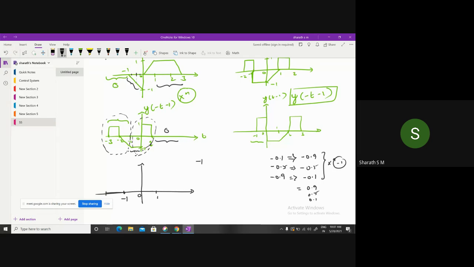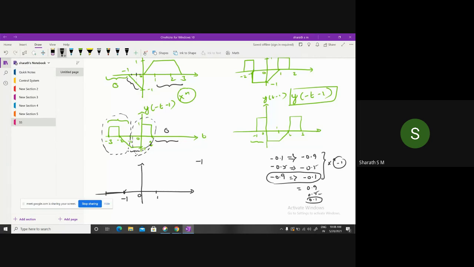So at -0.9, initially we have -0.1, now it becomes +0.1. At -0.5, initially it is -0.5, now it becomes +0.5. At -0.1, initially it is -0.9, now it becomes +0.9.